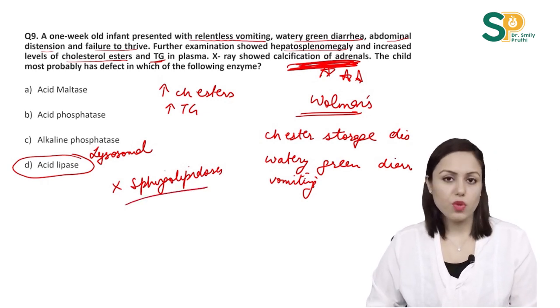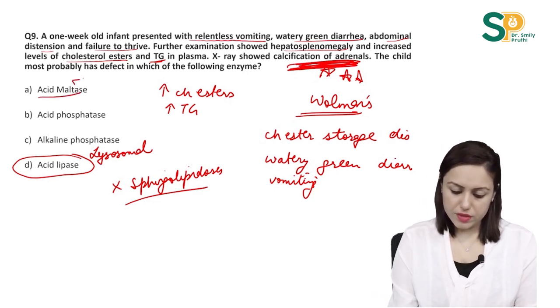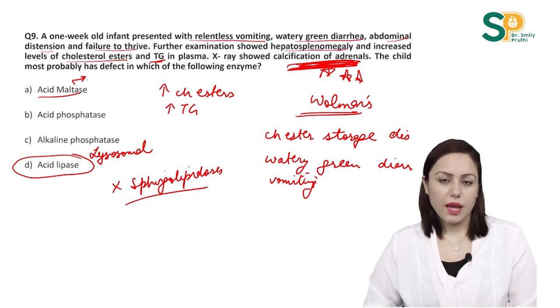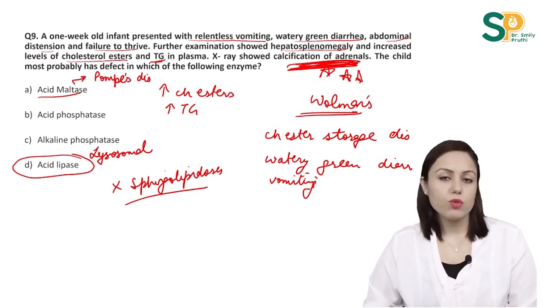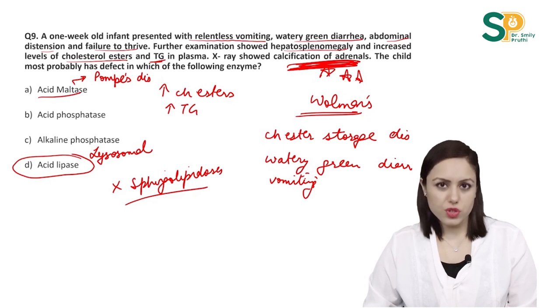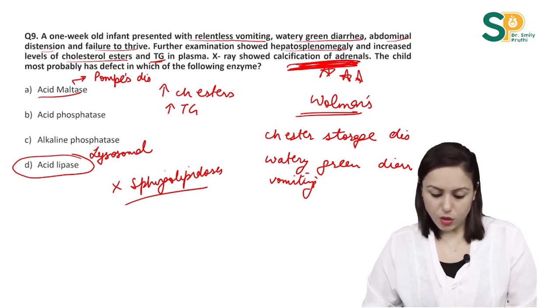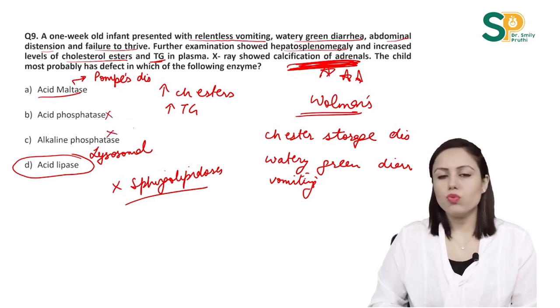Okay, so the answer is option D. Look at option A, acid maltase. Where is this enzyme deficient? Acid maltase is deficient in Pompe's disease, which is type 2 glycogen storage disease. That is also a lysosomal storage disease, right? Then option B and C, acid phosphatase and alkaline phosphatase, their deficiencies are very rare, so no need to read that, okay?